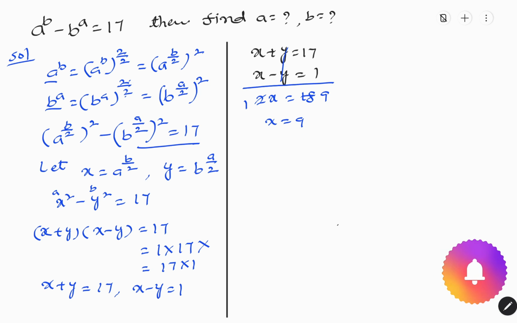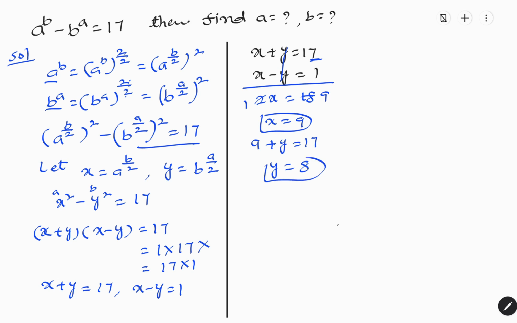Substitute the x value in the first equation: 9 plus y is equal to 17. Transpose 9 from LHS to RHS, then 17 minus 9 is 8. So x is equal to 9, y is equal to 8.